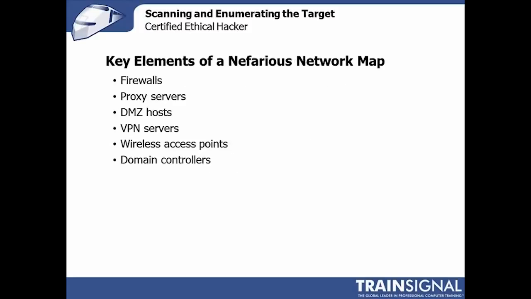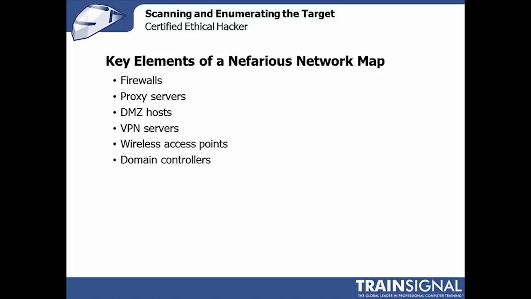Some of the key elements of a nefarious network map may seem kind of obvious after this discussion, but you definitely want to start mapping during this process where firewalls are, where proxy servers are, where DMZ hosts and VPN servers are, access points, domain controllers.